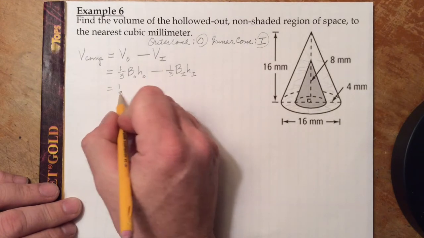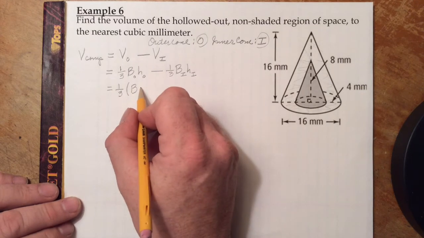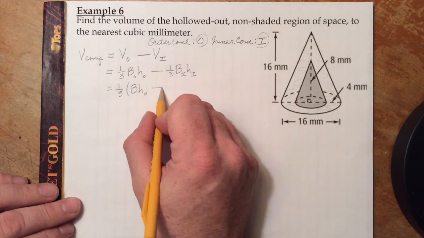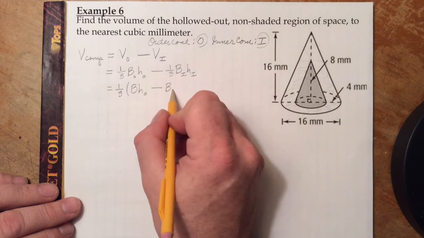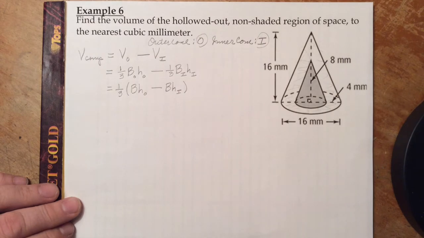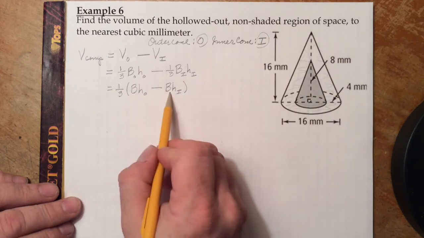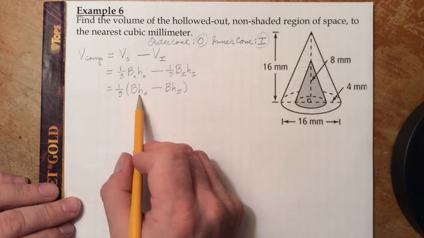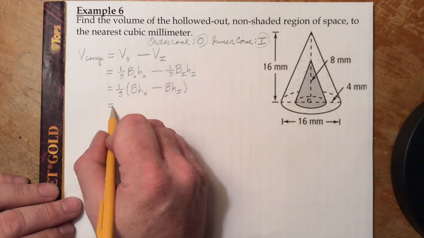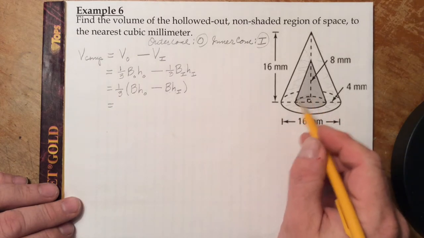So 1/3 times big B, I'm just going to use O now, big B H sub O minus big B H sub I. Now we can't factor out the B's or the H's because they all have different measurements. So let's put in our detailed formulas. Both of these are cones, so their bases are circles.